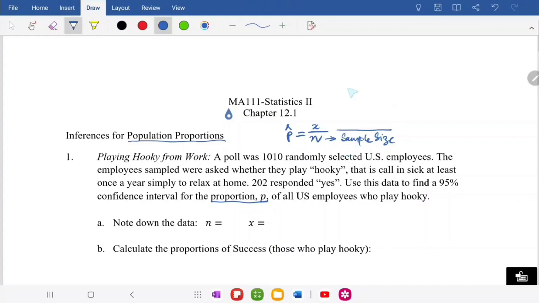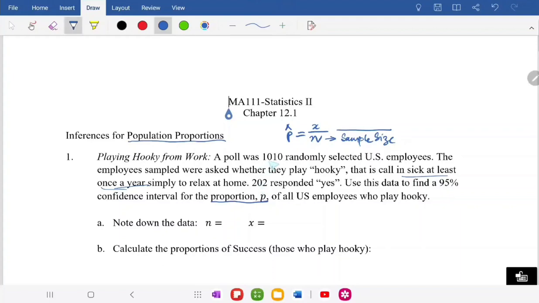So X is the number of people who said yes to the attribute that you were looking for. In this example, the specified attribute is whether somebody has called in sick at least once a year. That's the specified criteria we are looking for.